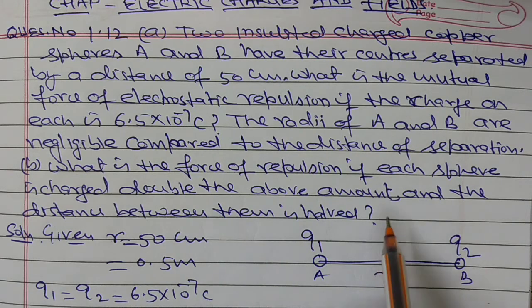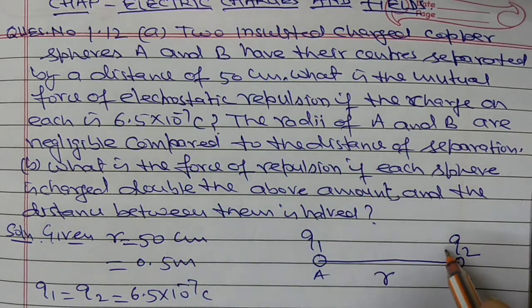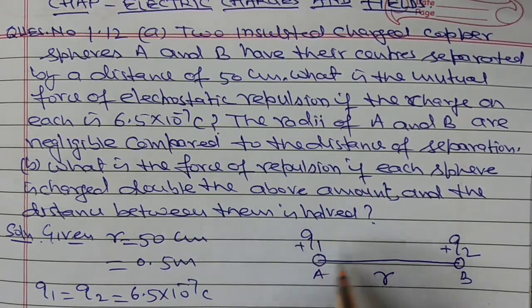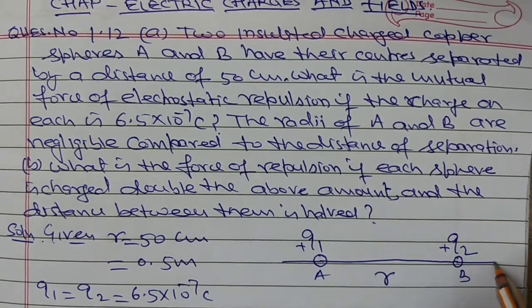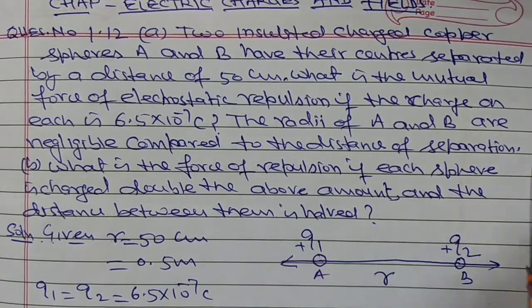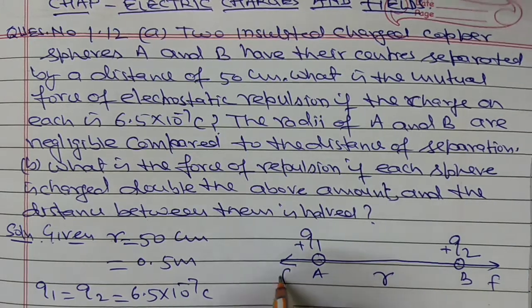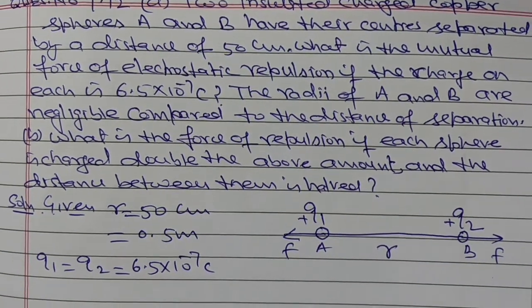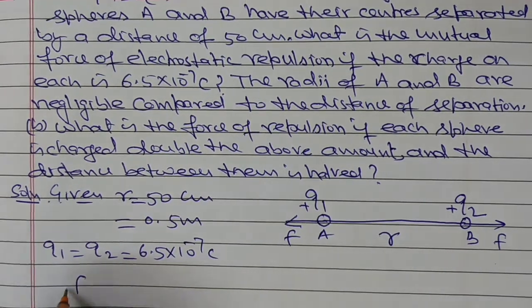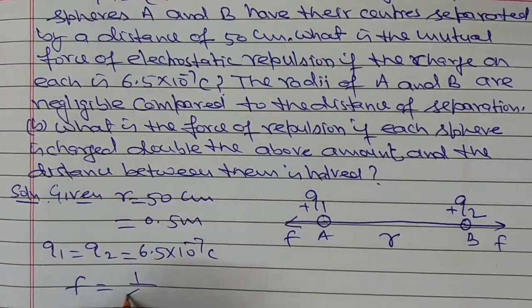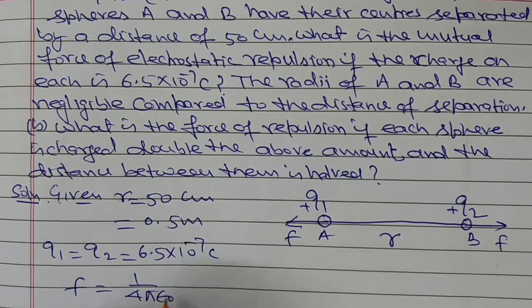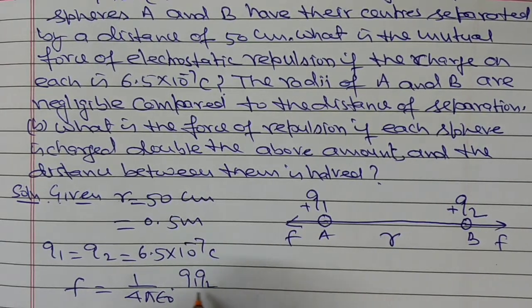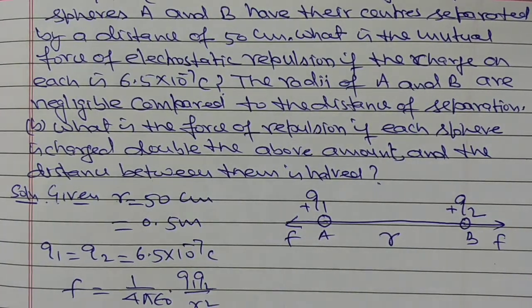दोनों के बीच में हमें फोर्स ऑफ रिपल्सन चाहिए. Because both are positive, therefore there is a repulsive force between Q1 and Q2, and this repulsive force is given by F is equal to 1/4πε₀ × Q1 Q2 upon R square.